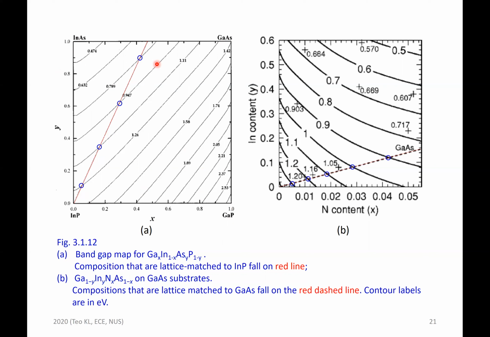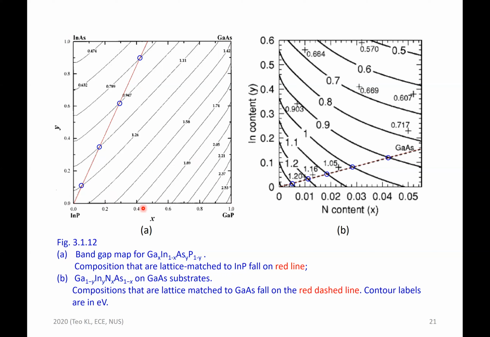So this point is 0, 0; this point is 1, 1; this point is 0, 1; and this point is 1, 0, for x goes to 1, y is 0.